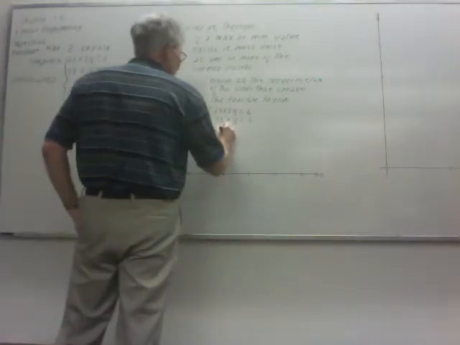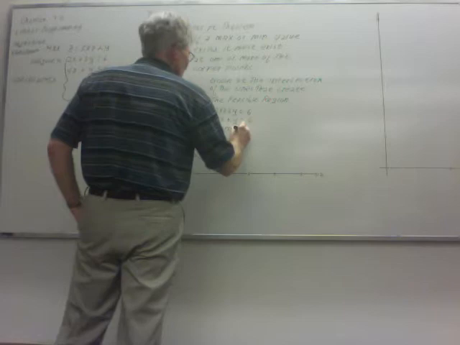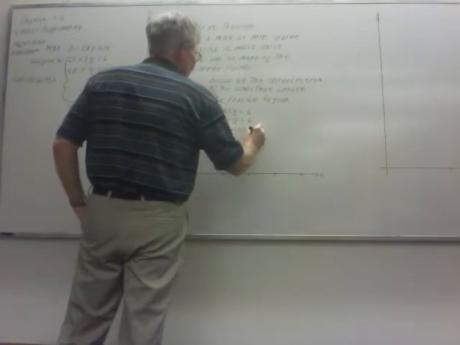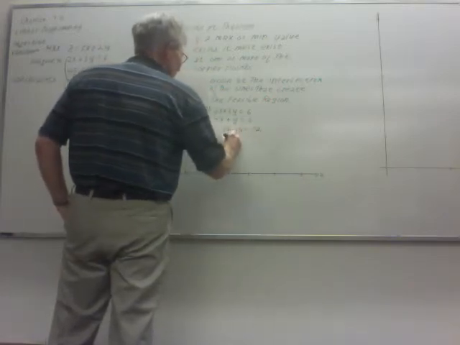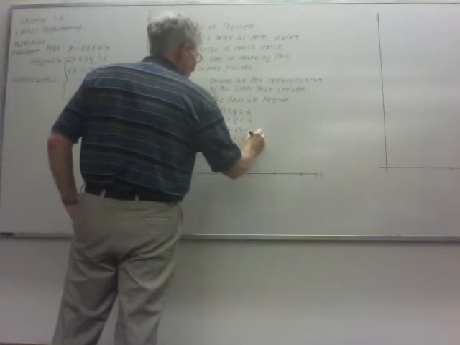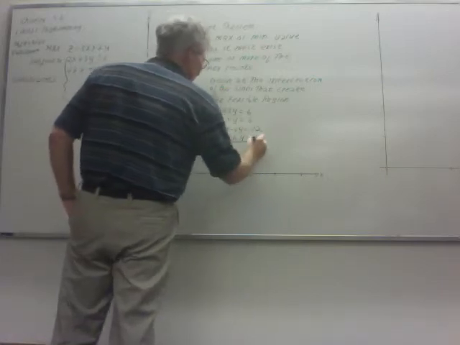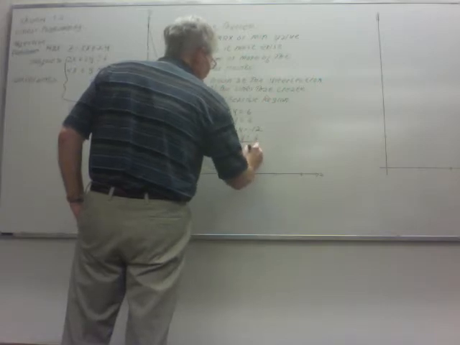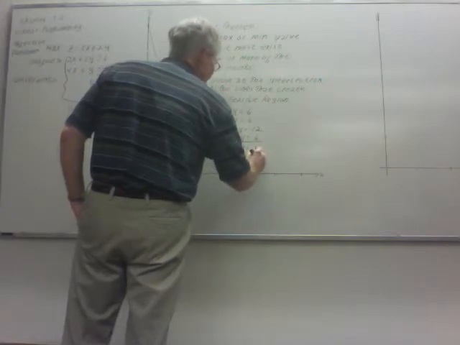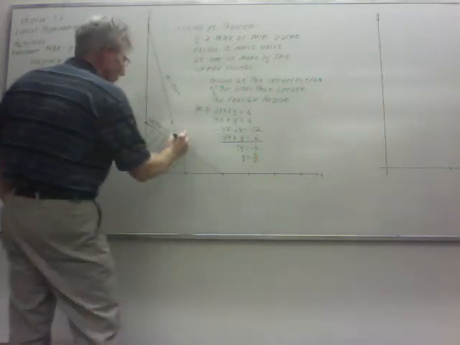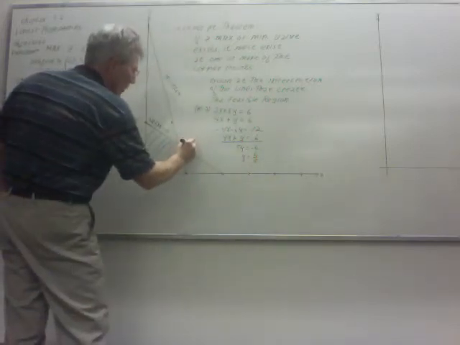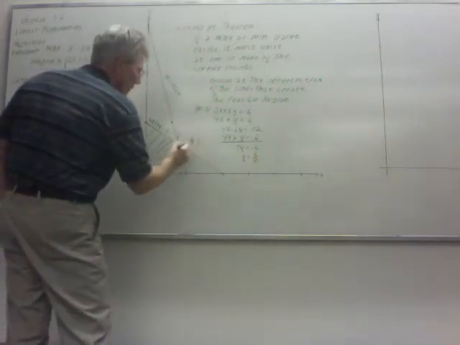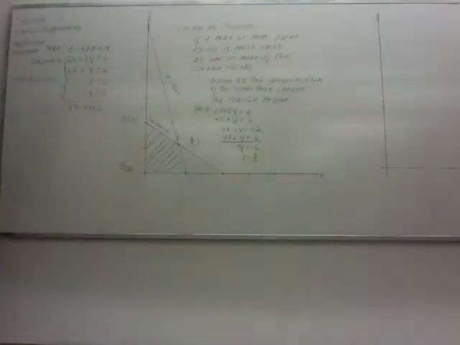That gives me negative 4x minus 6y equals negative 12. 4x plus y is equal to 6. I get negative 5y is equal to negative 6, and y is equal to 6/5. So the y coordinate of that corner point right there is 6/5.